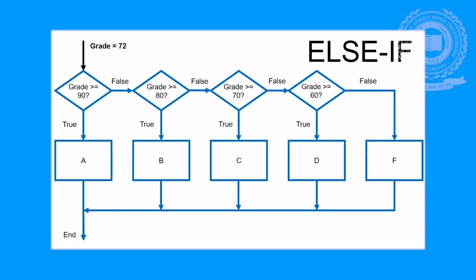So again we start with a let a grade as our input. We evaluate it with our logical expression, and in this case it is not true, the grade is not greater than or equal to 90. So that's false, and we move on to our second logical expression. Now in this case the second logical expression is also false, and we move on to our third logical expression.